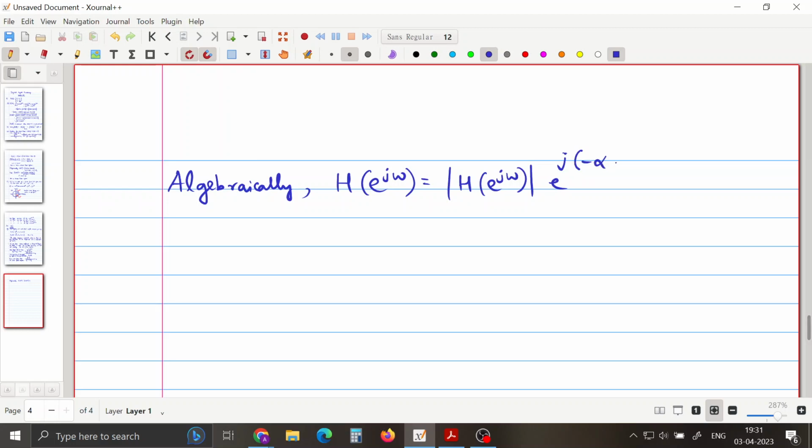And our theta of omega is basically, because of linear phase, we have the phase of the form minus alpha omega plus beta. The reason why we put a minus sign in front of alpha is because once you take the derivative and you compute the group delay, which is actually the negative derivative of this phase, you get the group delay to be positive.